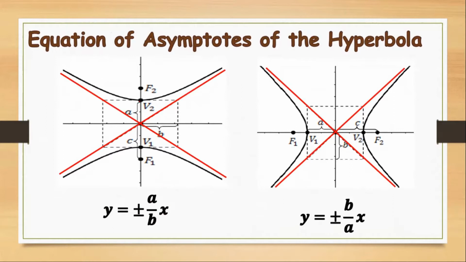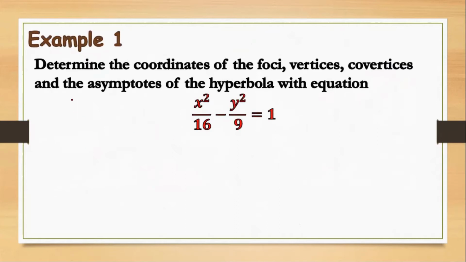This is a over b because our rise here, our vertical line here, is represented by a, and our horizontal line here is represented by b. And it's opposite with this one. Our horizontal line is a and b is our vertical line. So we have positive negative b over a x. That will be the equation of the asymptote of our horizontal hyperbola.